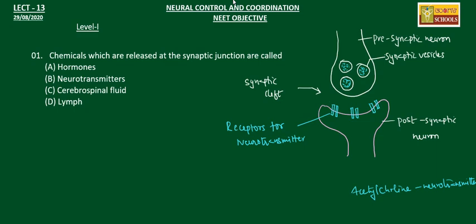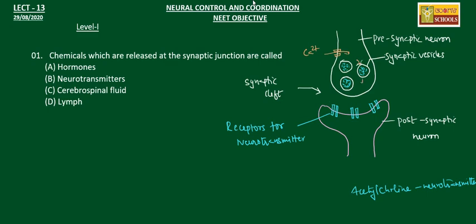Once the impulse reaches the synaptic knob, it results in the opening of calcium channels. Calcium enters the synaptic knob and binds with the synaptic vesicles.